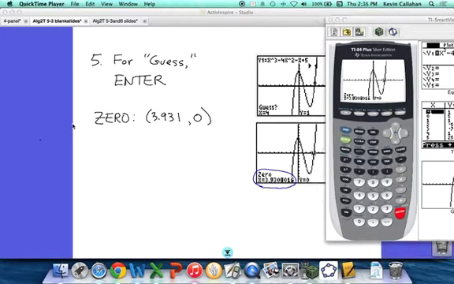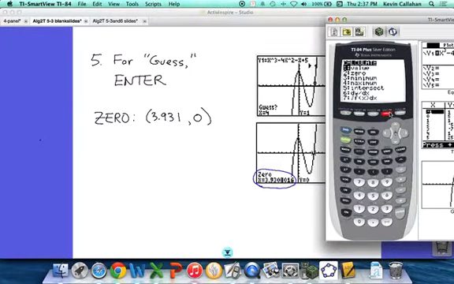So like I said, you can go through that process by just entering an x value, as long as you can see it's to the left of, or to the right of, the 0. But what most people do, honestly, is this. Let's say I want to find the middle one right there. They'll go second trace 2, and then they use the left and right arrows to move to the left of and to the right of the 0.